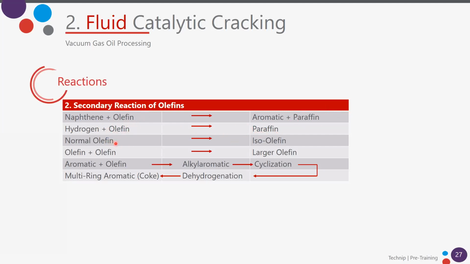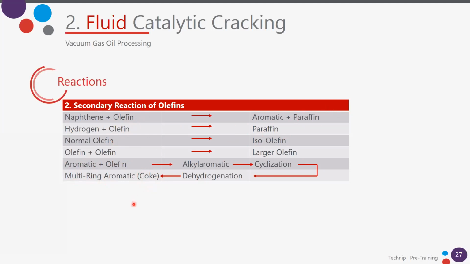Also, a normal olefin can go to an isoolefin. And of course, we'll have these reactions that will transform this aromatic plus olefin into coke. Okay, this is the multi-ring aromatic compound, that is the coke that we will burn in the regenerator.